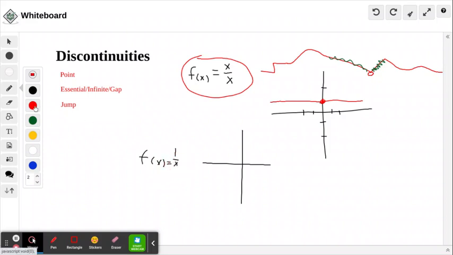And that will look, let's do it in yellow so it's different, something like this. In reality, it'll asymptote a lot closer to 0, but we can just say that we zoomed in a whole lot. It'll asymptote right here and right here, on both sides of 0.